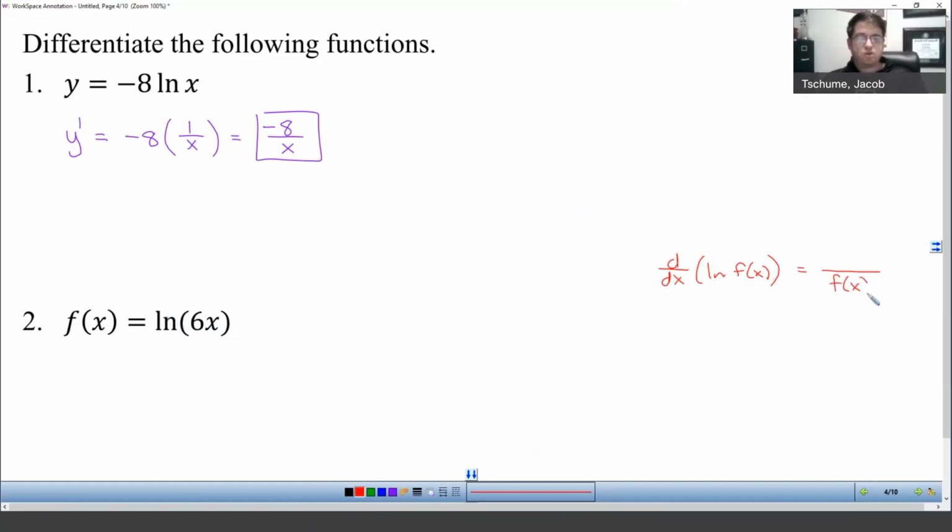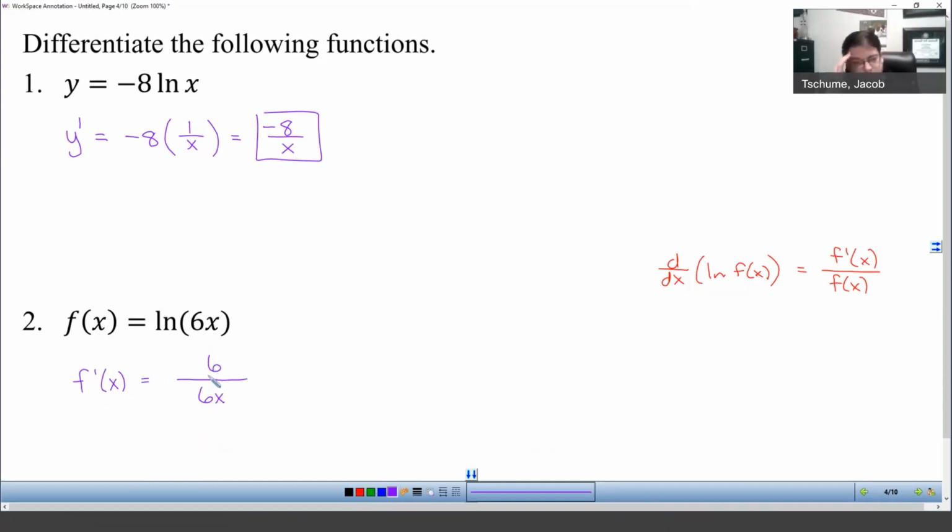Whatever's inside the natural log goes on the bottom, and then the derivative of that goes on top. So for our problem, we'll start with a fraction. The 6x that's on the inside will go on the bottom. The derivative of that, which is 6, will go on top.